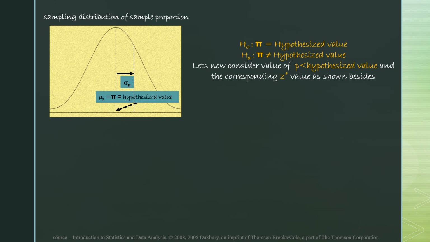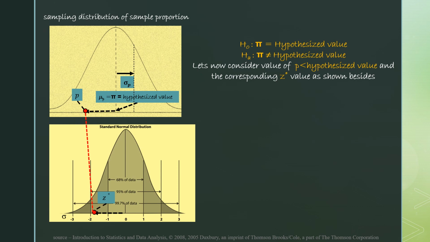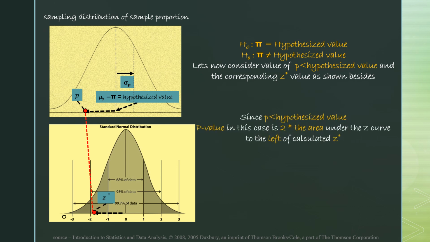For the same hypothesis, let's now consider a value of p less than the hypothesized value and the corresponding z star value as shown alongside. Since p is less than the hypothesized value, the p-value in this case is 2 times the area under the z-curve to the left of the calculated z star.